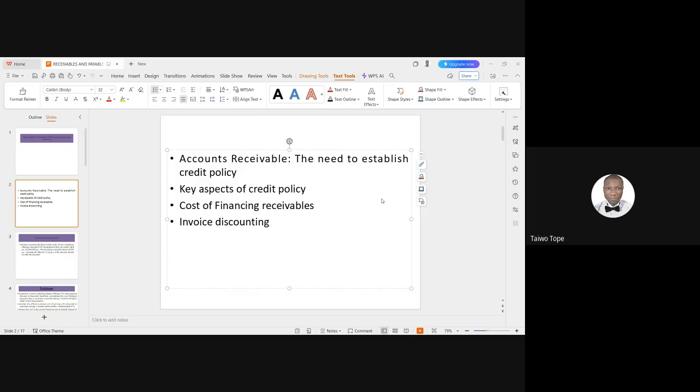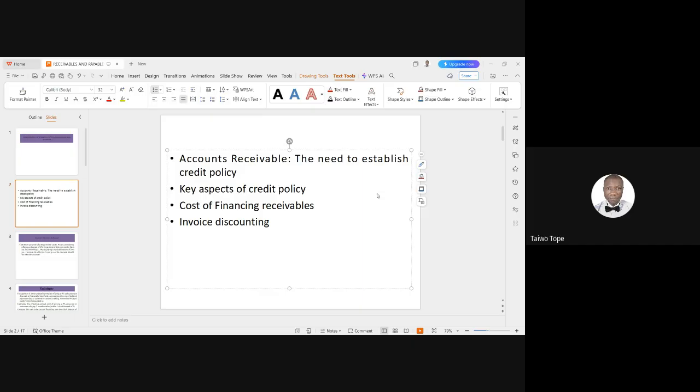And how will you get this information? You can get the information through bank references. You can get information from their financial statements. You can ask them to get a reference from the bank. Yes, their bank will write on their behalf. You can also get information through trade references, published information about your customers, or credit reference agencies.